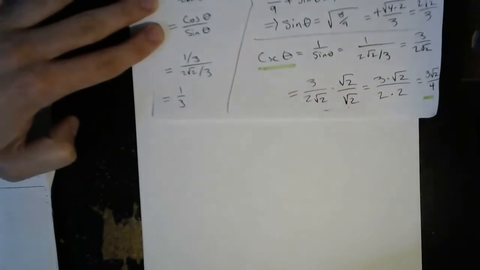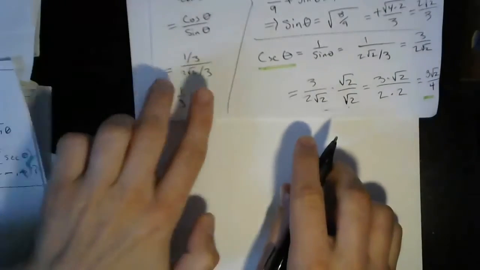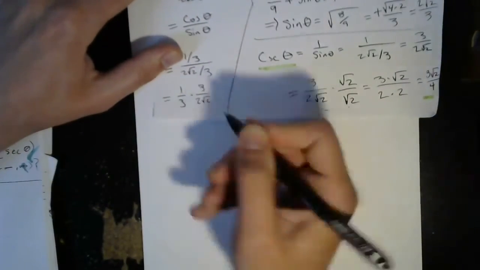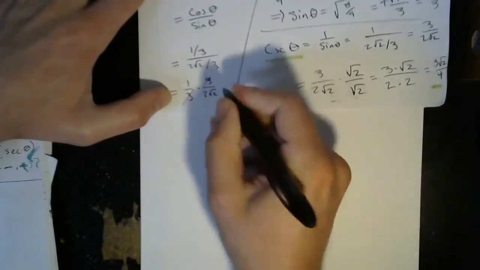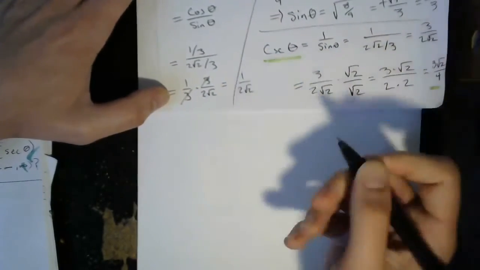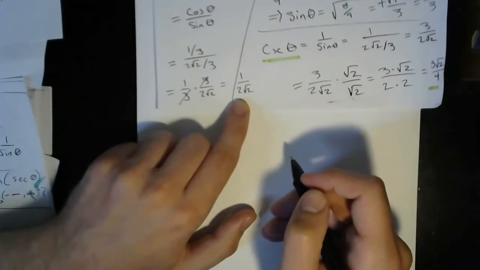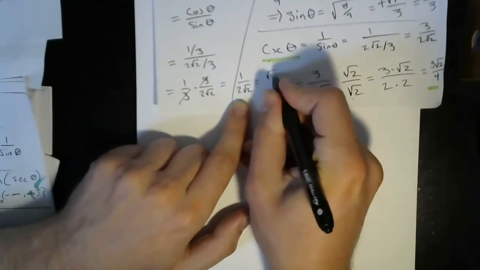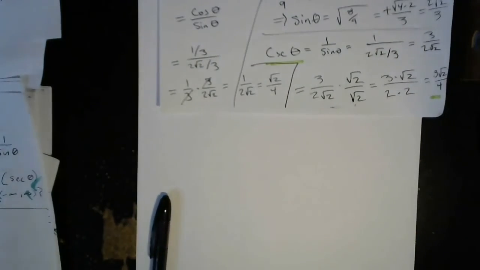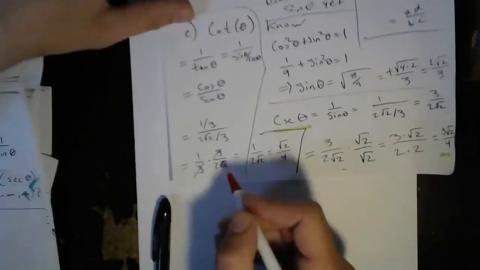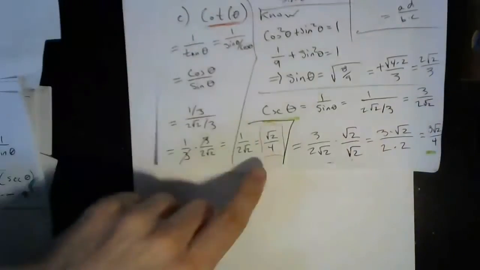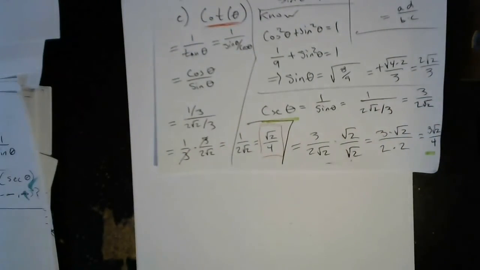So that 1/3 is like that. Bottom fraction, flip it, right? 3 over 2 root 2. 3's cancel. We get 1 over 2 root 2. And again, rationalize the denominator. We end up with root 2 over 4. And that is the value of cotangent. So cotangent is root 2 over 4.